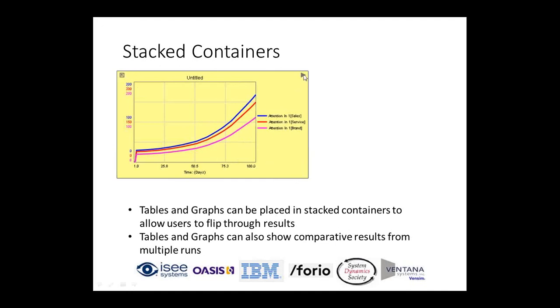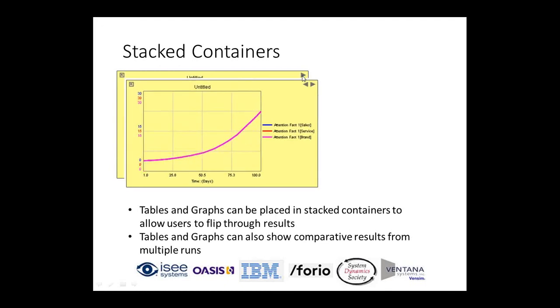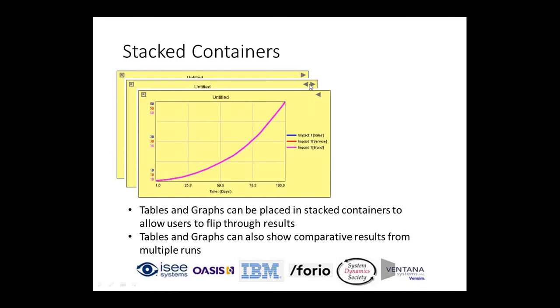It's got this arrow button. When I click that arrow button, a new graph appears directly on top. So here I've offset them so that you can see the fact that they're different. But within each of the applications, the views will appear one directly on top of the other. And so I can navigate through that stack container using, in this case, an arrow to go through and see the third graph.